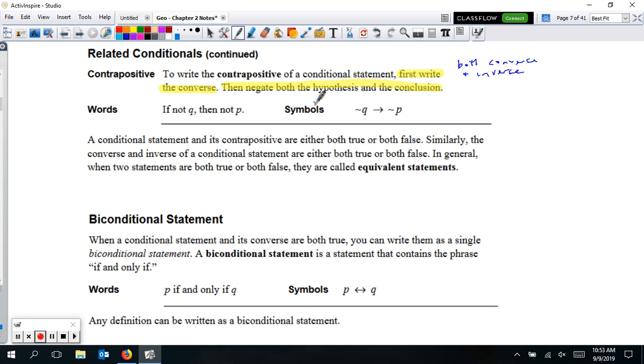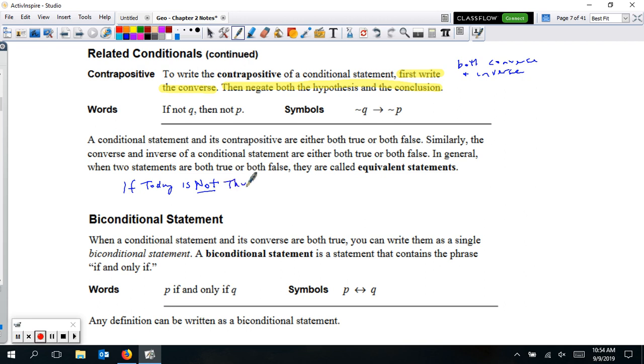So if we were to write that here for this one, I don't have a lot of space, I'm going to put it down here. So if we were going to write that, first we would switch the statement. So we're going to have to talk about today being Thursday first, but we're also going to negate that. So we're going to say if today is not, we're going to put the word not in that statement.